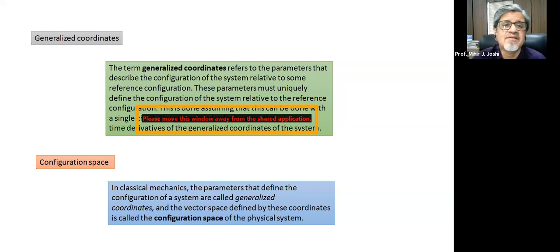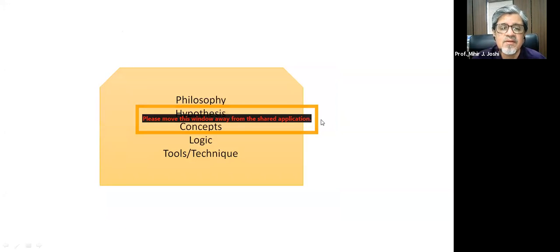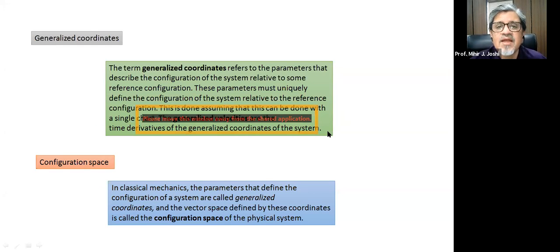Now we have already studied a few things like generalized coordinates and configuration space. We know that the term generalized coordinates refers to the parameters that describe the configuration of the system relative to some reference configuration. And these parameters must uniquely define the configuration of the system relative to the reference configuration. This is done by assuming that this can be done with a single chart.